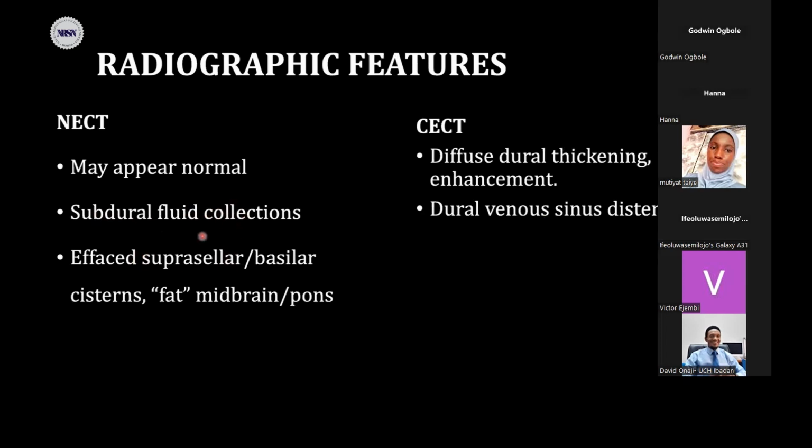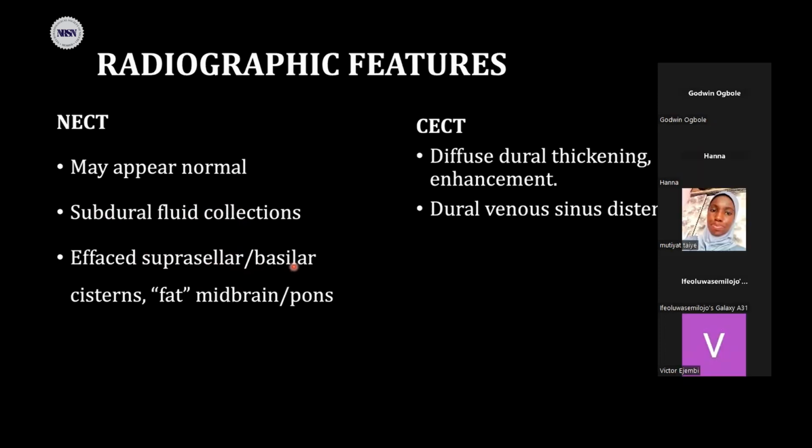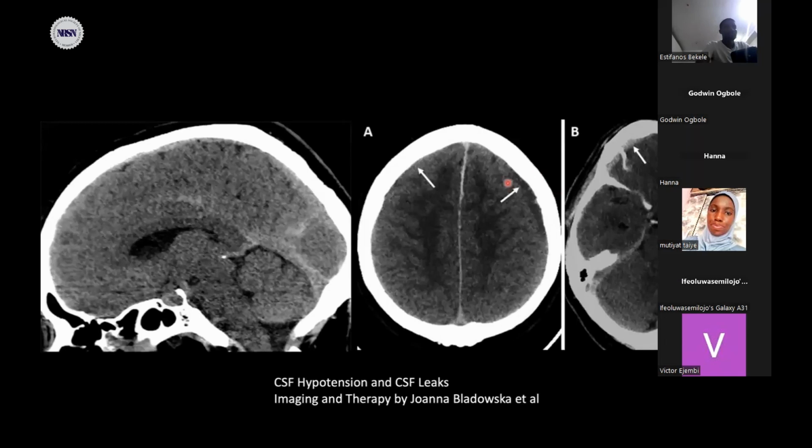If you look closely, you may see effacement of the cisterns around the suprasellar region, the basilar cisterns, or the pons, and the pons will appear flattened. On post-contrast images it is possible to see the dural thickening and enhancement, as well as signs of venous distension.